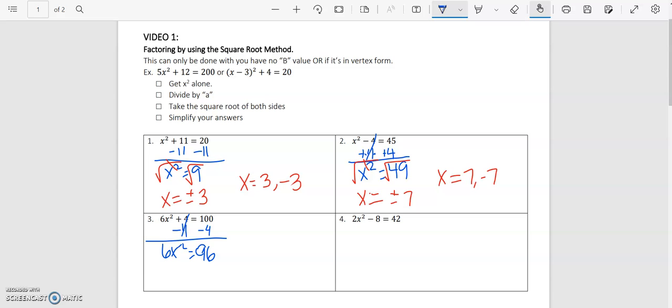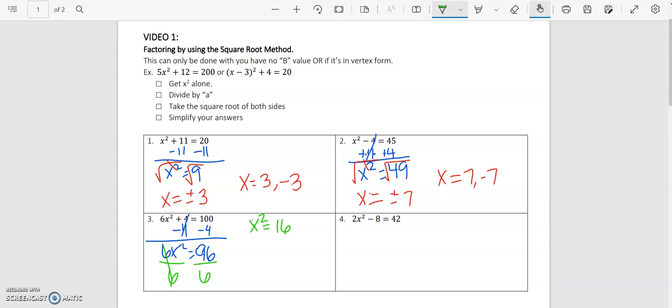Now in this case, we do have an a term in front of our x squared that we would need to divide by. We have 6x squared, so when we divide both sides by that a term, we're going to be dividing both sides by 6. So that simplifies out. Now 96 divided by 6 gives us 16, so we're left with x squared equals 16.